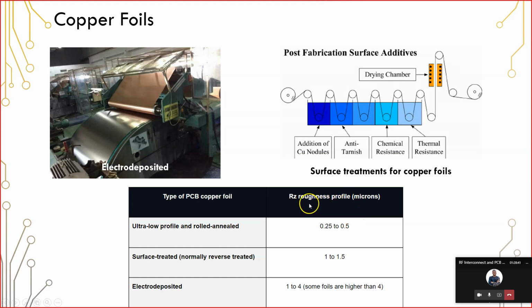The roughness profile is very important for determining the impedance of a transmission line that is built on one of these PCB substrates. So the impedance of that transmission line depends on the roughness profile. These are some typical values for roughnesses that you will see for different types of copper. So the process will determine the roughness profile.